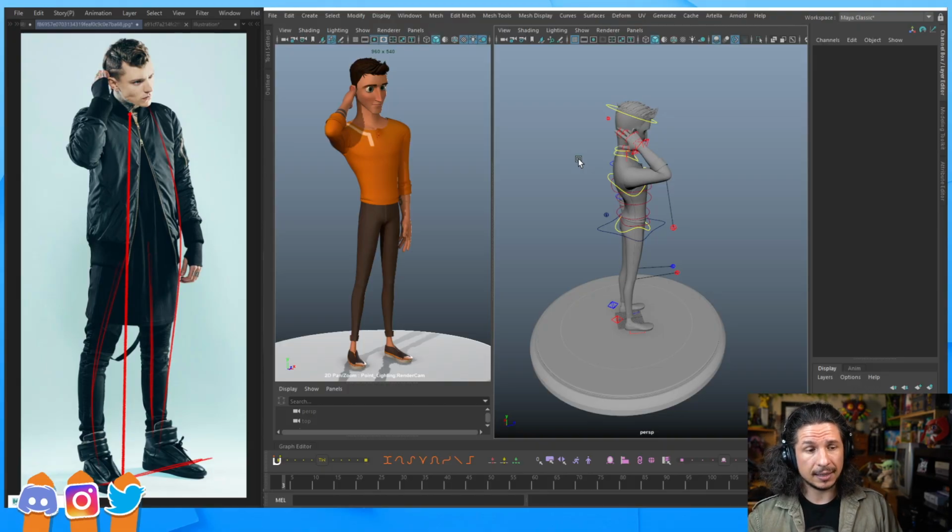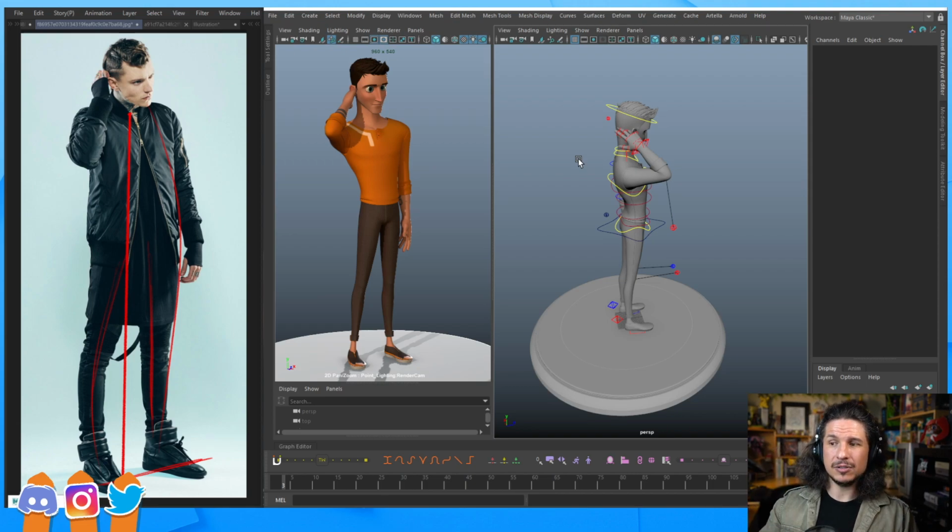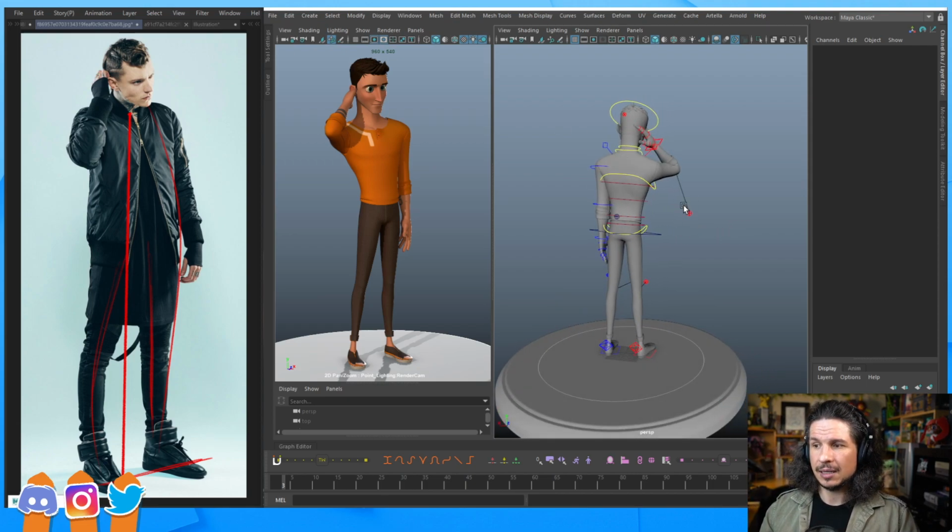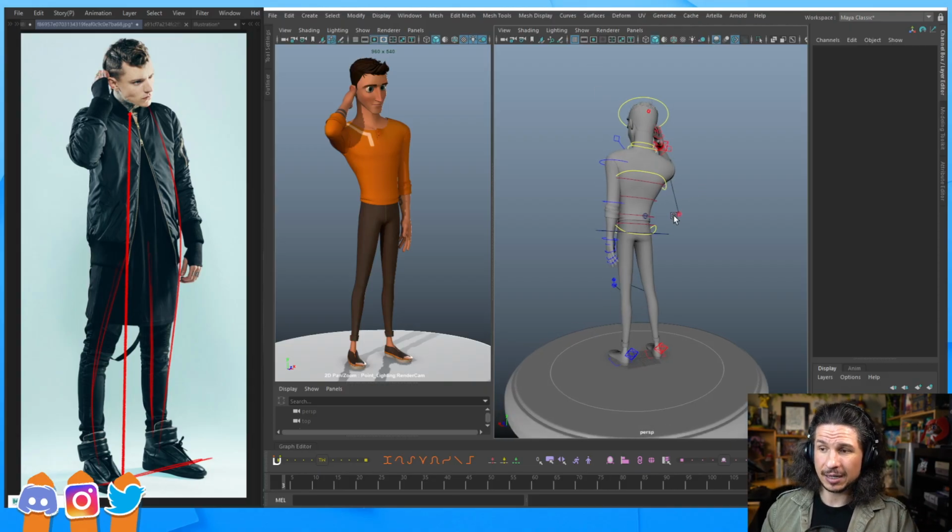That's the important thing. But in general, especially when you're starting, you want a pose to look good from all angles, because it's going to make your shot just more interesting and much easier to tweak if you suddenly have to change your camera angle or change the pose a little bit. If you're just breaking the pose and hoping that it'll look good, you're going to have a lot of trouble later on.